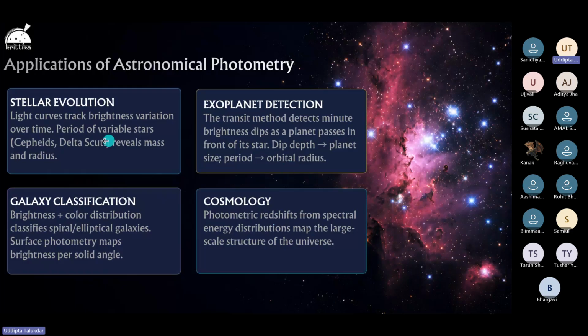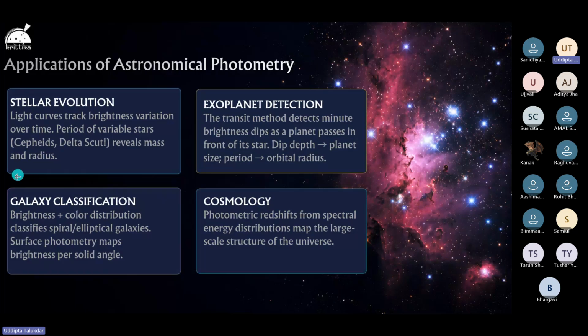So let us summarize it. First application was stellar evolution. What we measure here is brightness over time, and what we learn is the star's mass and size. Next is exoplanet detection. What we measure is tiny brightness dips, and what we learn is the planet size, the orbit, its period of revolution.